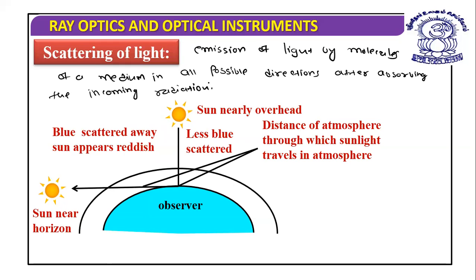So in scattering of light, the atmospheric particles or medium particles will first absorb the radiation, and then emit the light in all the possible directions.